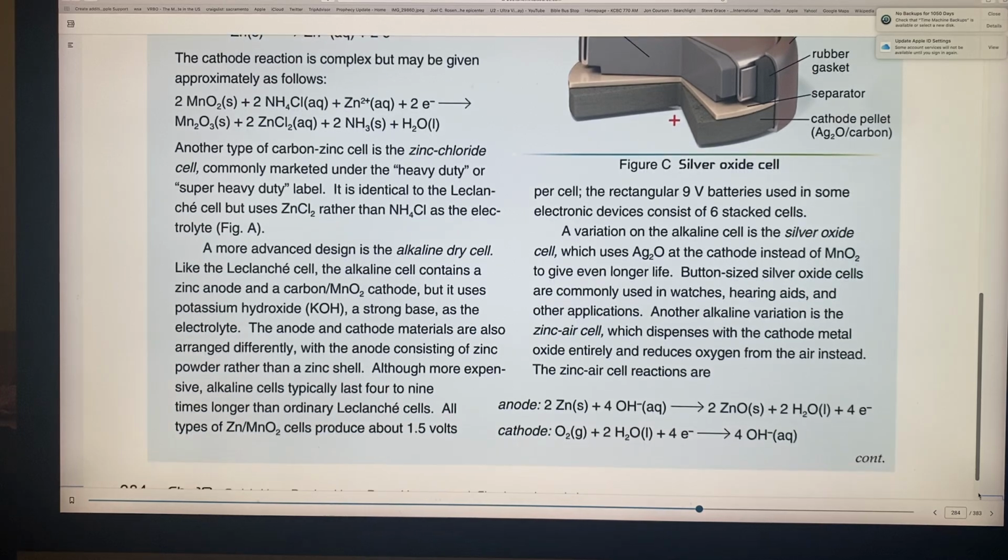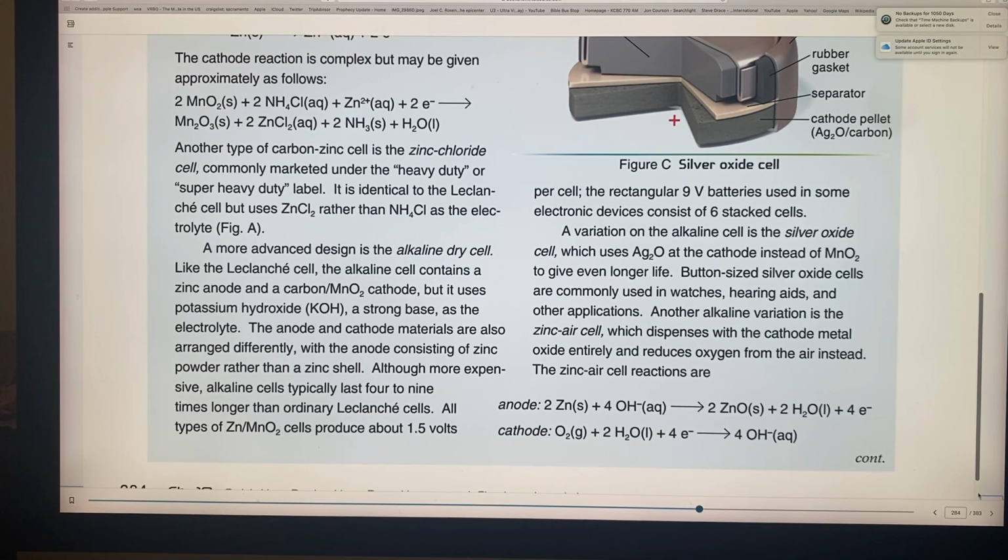A more advanced design is the alkaline dry cell. So there's another kind of cell. It's a zinc anode too, with the carbon, but it uses potassium hydroxide inside instead as the electrolyte, and it can last longer, 4 to 9 times as long as the Leclanche one with the zinc and the MnO2.